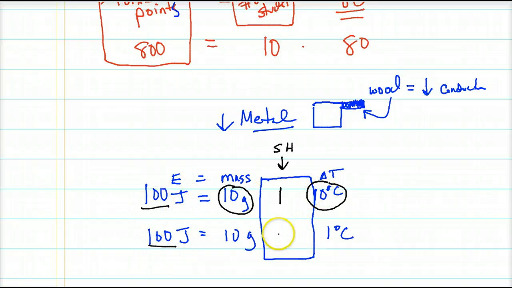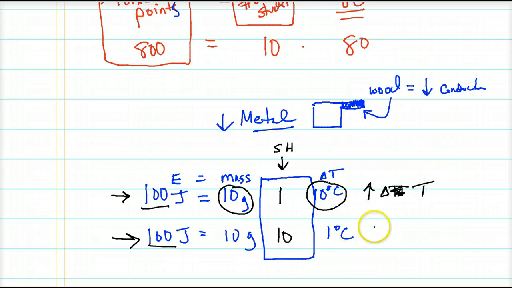Here, the specific heat has to be 10, because 10 times 10 times 1 is 100. Notice, they both absorb the same amount of energy, yet this one changed the temperature a lot. This one had a very, very small change in temperature.